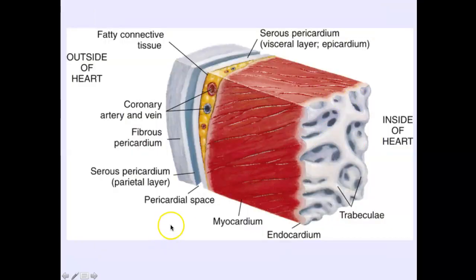So outside the heart, we're going to have a simple squamous layer of epithelial tissue called serous pericardium or epicardium. So let me explain. Remember way back in Unit 1 when we talked about serous membranes, they were double layered.